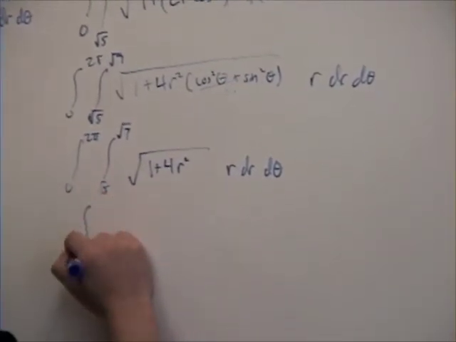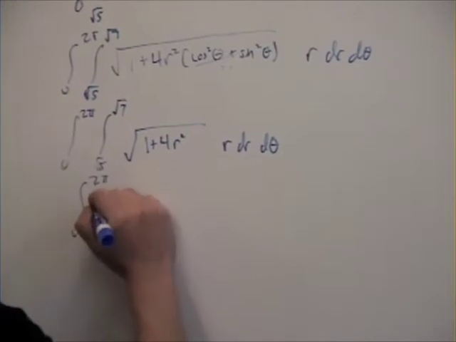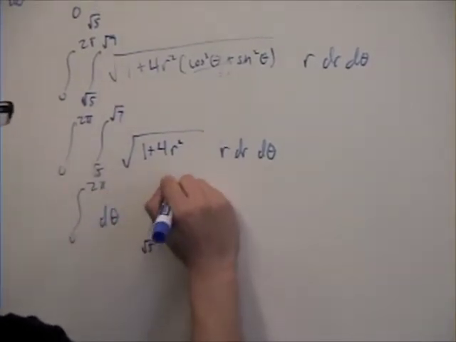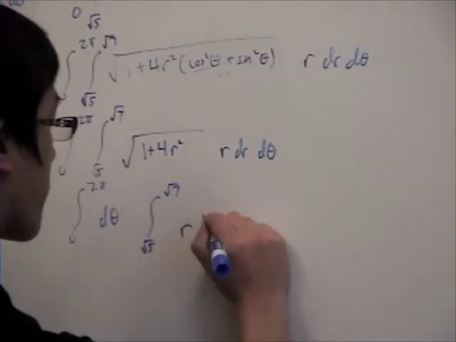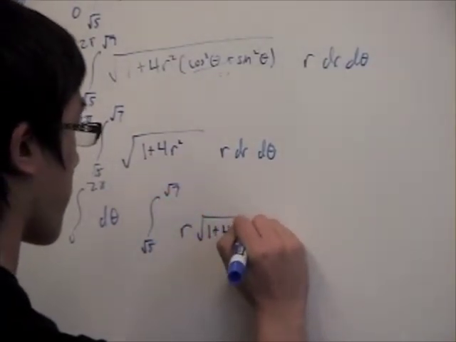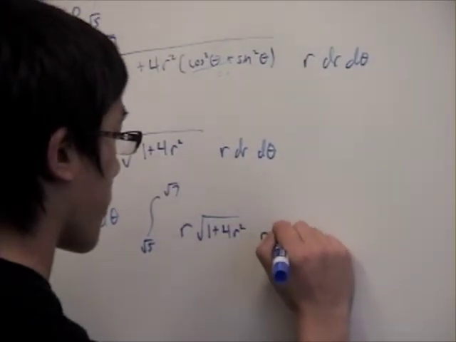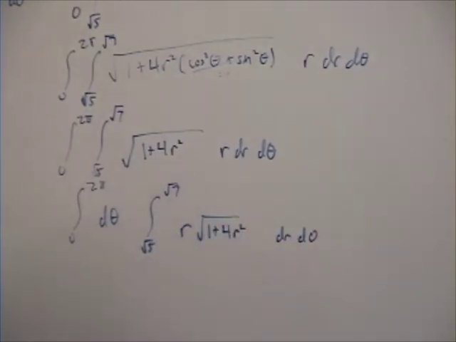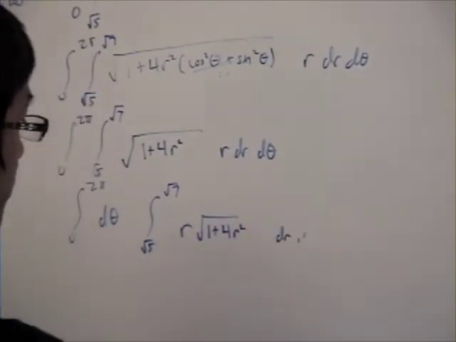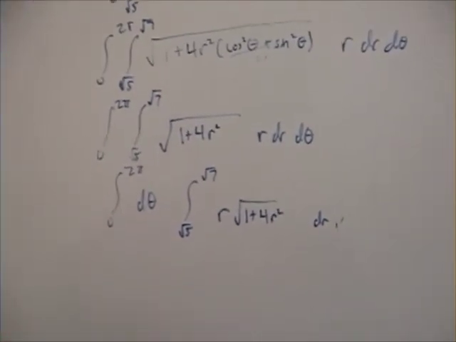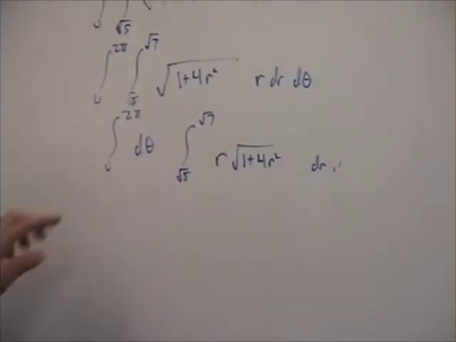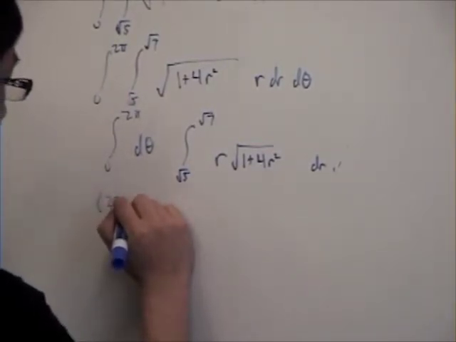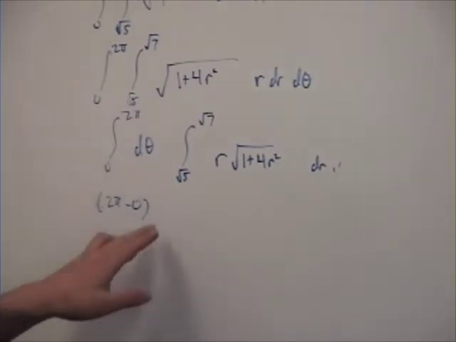So we can just split this integral into two parts. From here, it's an easy integration. The first part is just 2 pi minus 0, which I'm sure you can do.